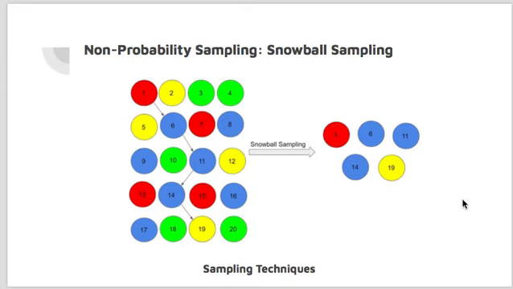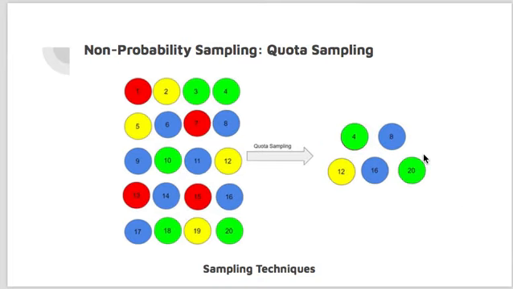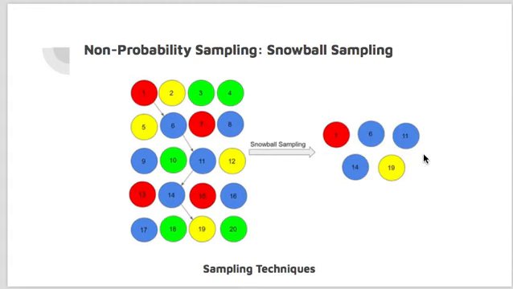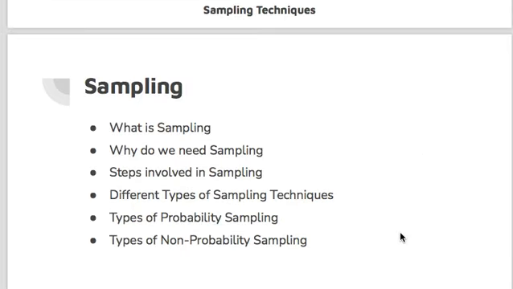So I am summarizing the non-probability sampling: convenience sampling, quota sampling, judgment sampling, and snowball sampling. These are the 4 non-probability sampling techniques. What we have seen today is what sampling is, why we need sampling, steps involved in sampling, different types of sampling techniques, and the types of probability sampling and non-probability sampling.